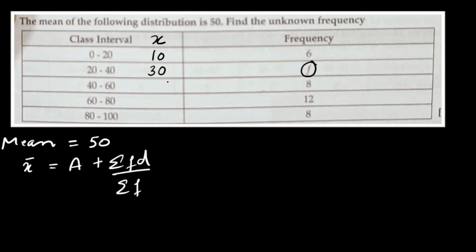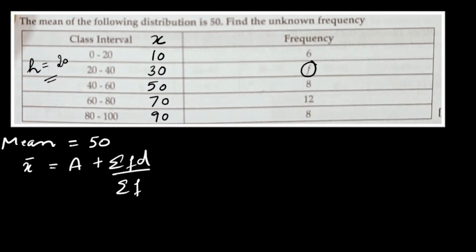Directly also I told you, if you know the class size, here 0 to 20, 20 to 40, if you subtract any of the interval, you will get the class size, which we write as h also, that is 20. So 10 plus 20 is 30, 30 plus 20 is 50, 50 plus 20 is 70, 70 plus 20 is 90. So we have found the class mark.